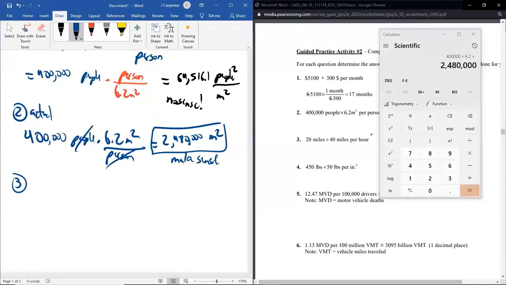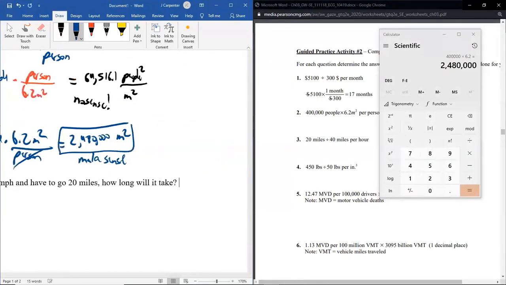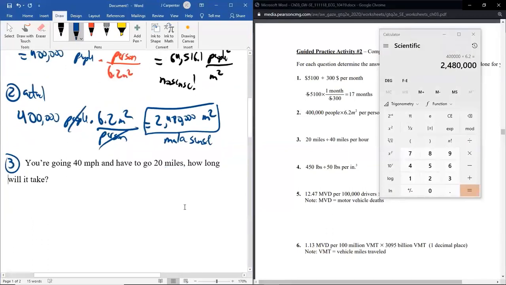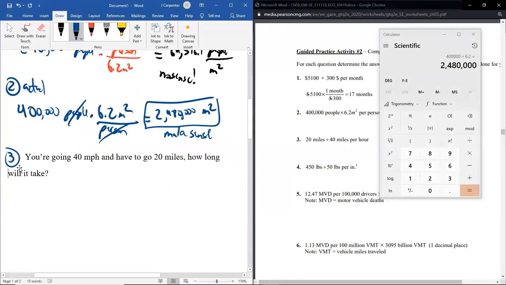How long will it take you to make that drive? In fact, I'm going to type that up for fun. So you're going 40 miles per hour and have to go 20 miles. How long will it take?